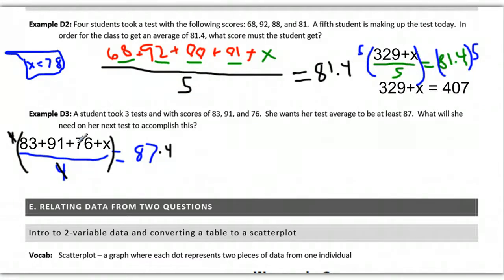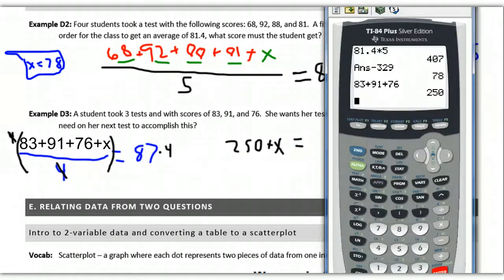So over here on this side we have 250 plus x equals, on this side we have 87 times 4. It's going to be 348.